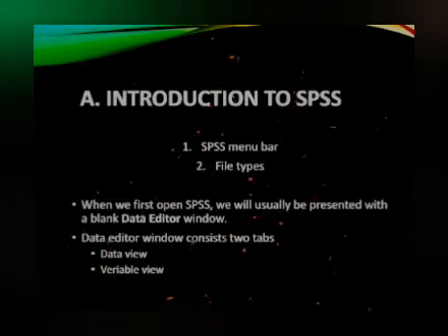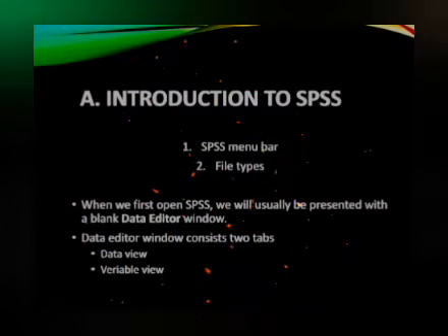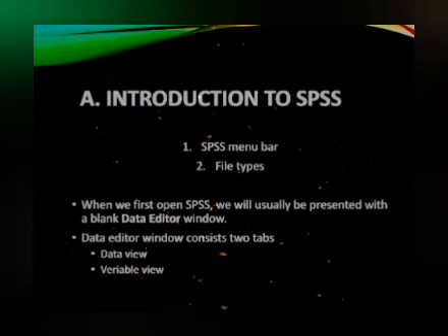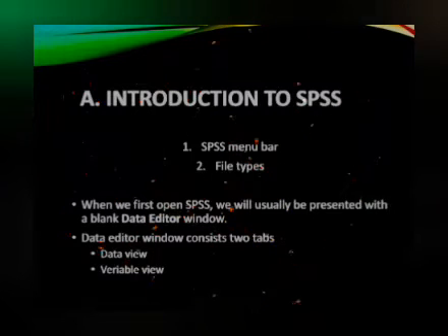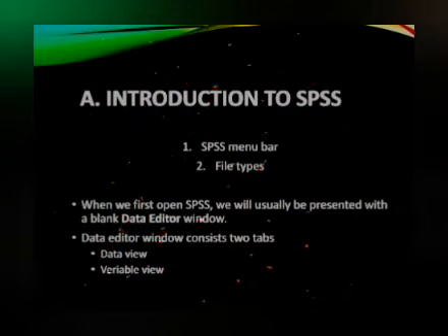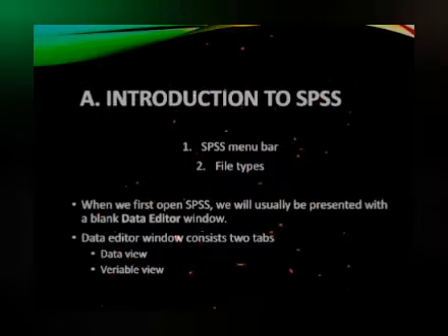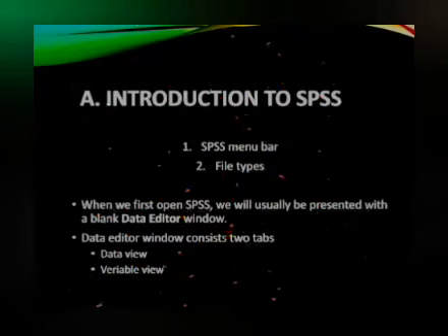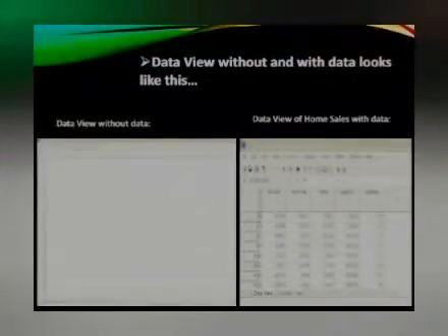In variable view, rows represent individual variables, and columns represent the specific characteristics of a variable like name, type, width, decimals, label, align, measure, etc. Data view without and with data looks like this, as shown in the picture.